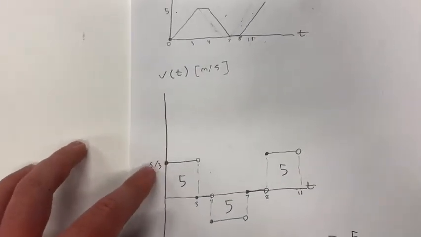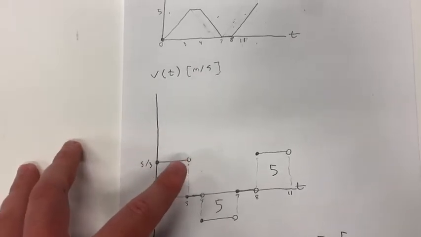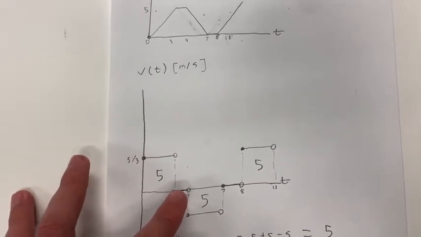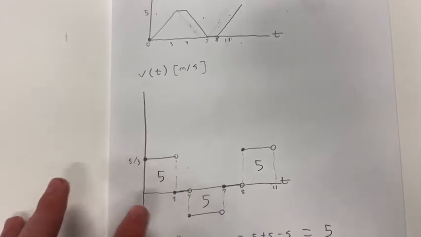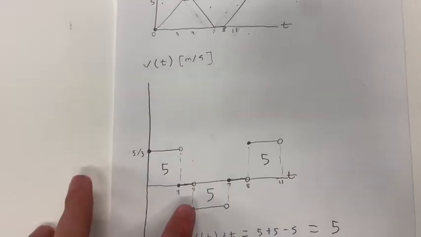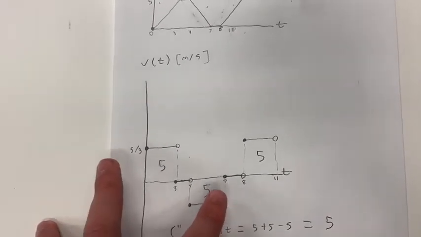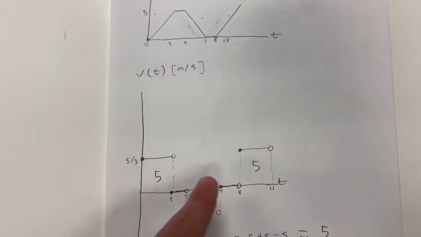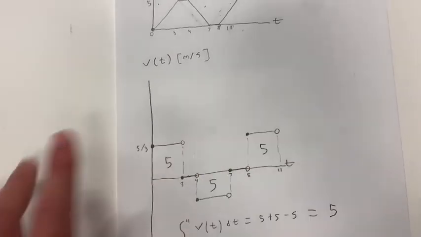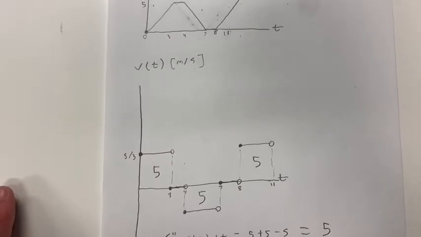So velocity is 5/3 meters per second for the first 3 seconds. Then it's 0 meters per second because we're at rest for a second. Then we walk back to my room at negative 5/3 meters per second. Then we get my phone, and then we walk back to the kitchen at 5/3 meters per second.